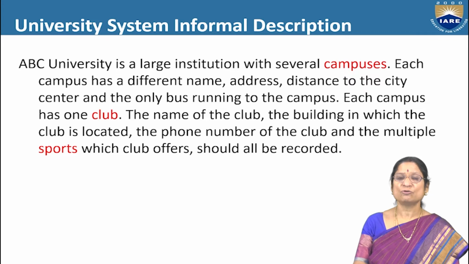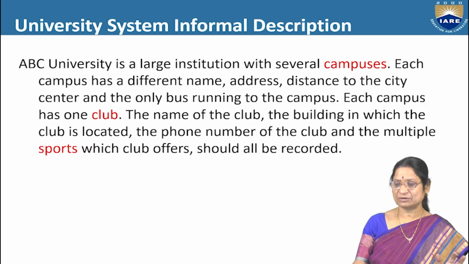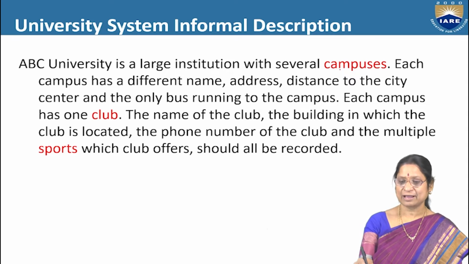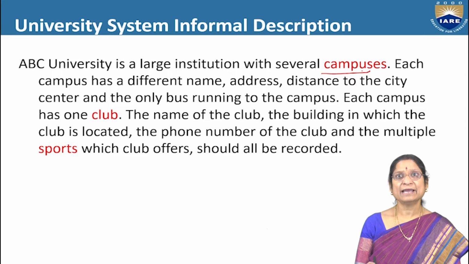You observe, while studying this description of any case study, we are supposed to note down about which data has to be stored. So what happens is, it will become easy for us while developing or identifying our entities and attributes, etc. As a part of that, a university consists of several campuses. So that's why we need to store data about each campus.